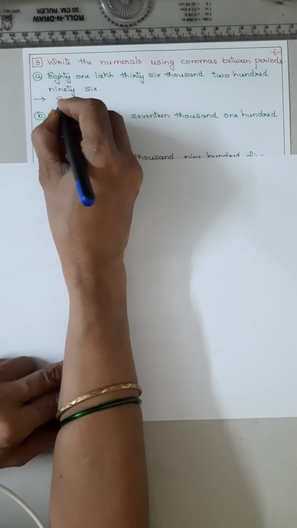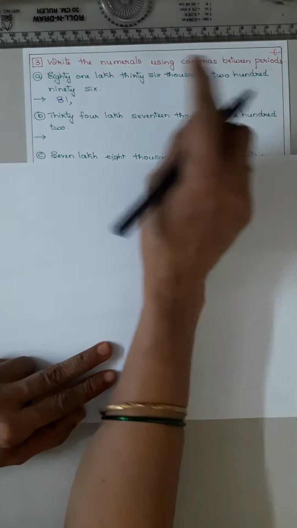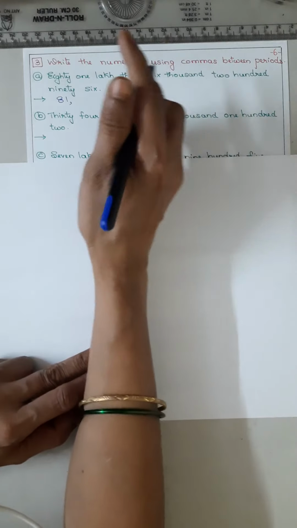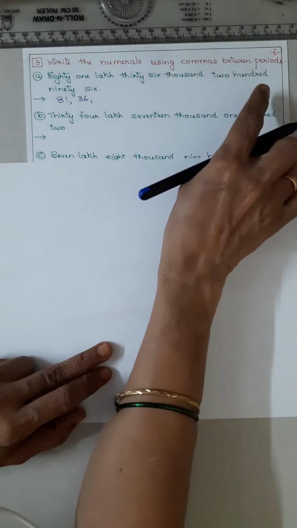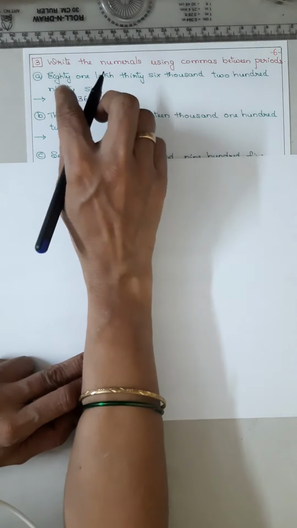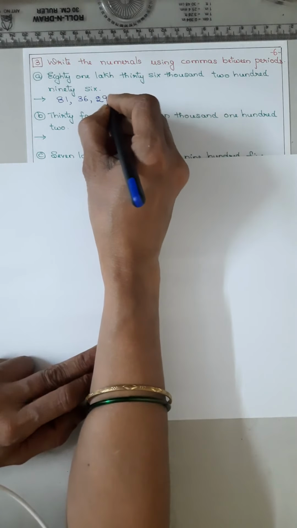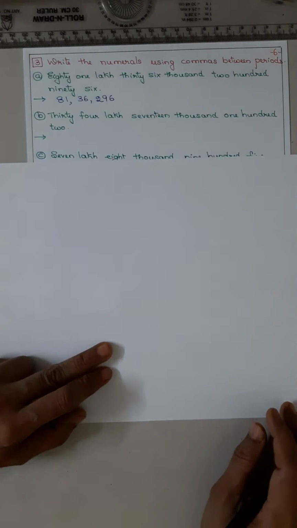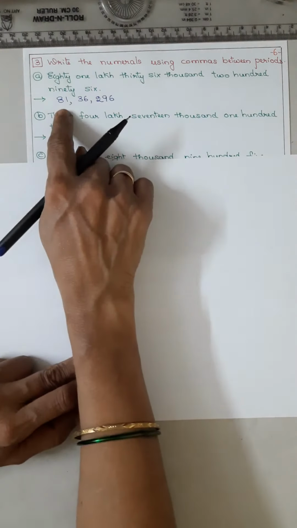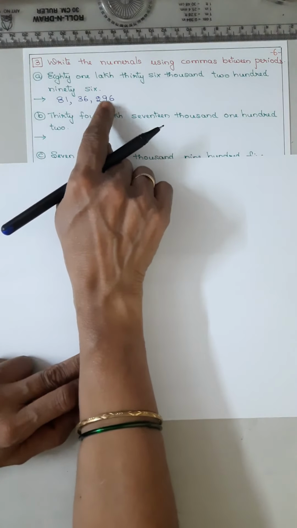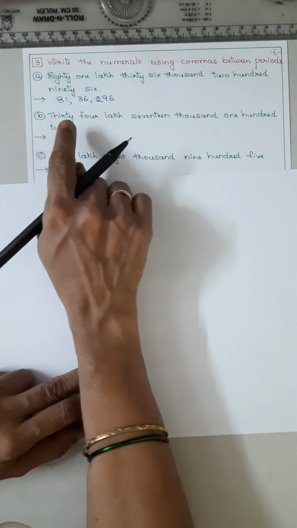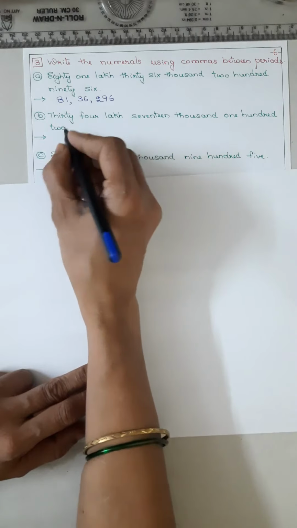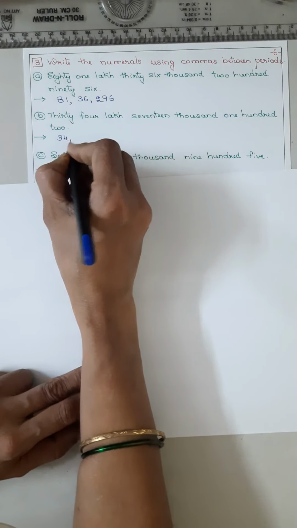So 81 comma 36,000, 36 comma 296. 81 lakh 36,296.